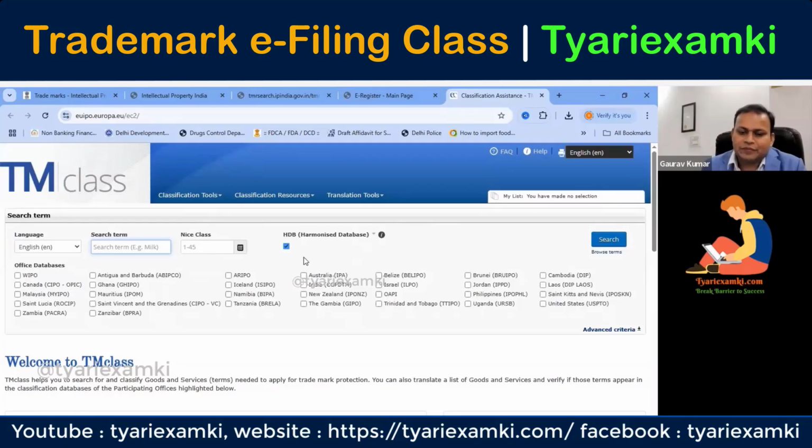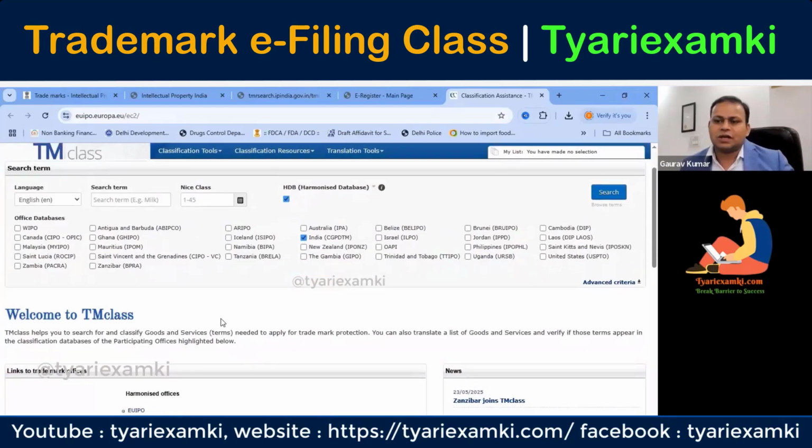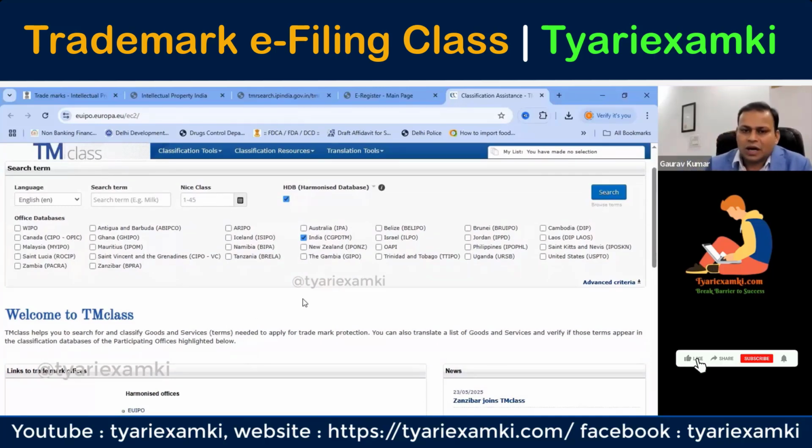Your description should be presented in India in this tab, and it should be there in the search terms and their related classes. So before writing any description in your trademark application, you need to check it here and then select the respective description that is available under the trademark classes.